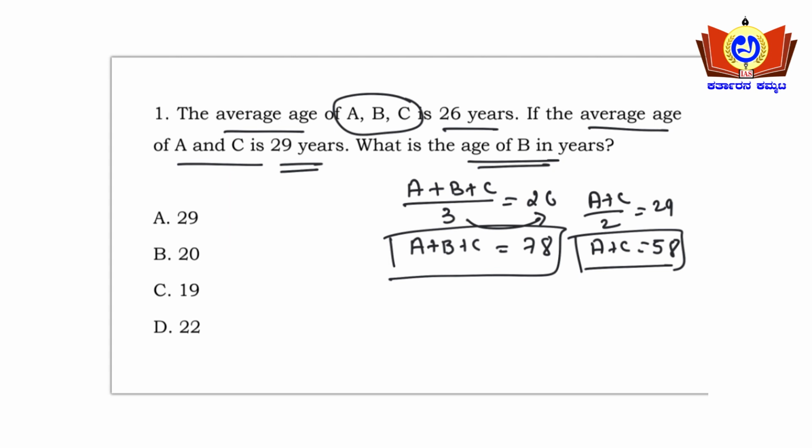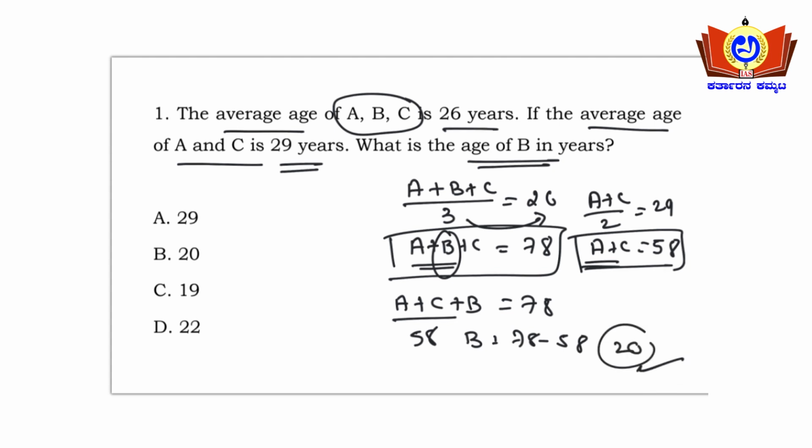We need to find B. I will substitute A plus C here, so A plus C plus B is 78, and A plus C is 58. So B will be 78 minus 58, which is 20. This is the answer here. Option B is the right answer.